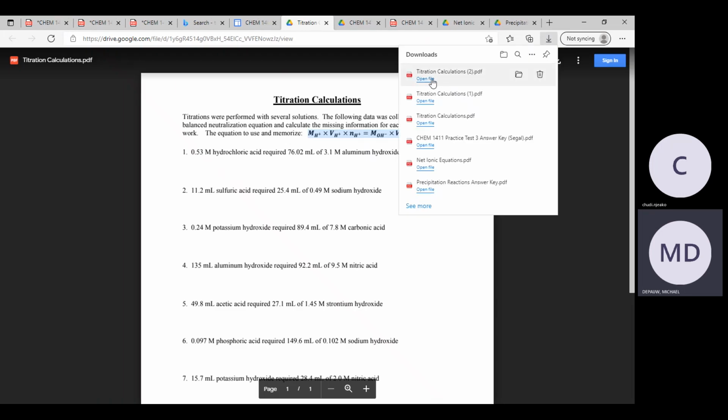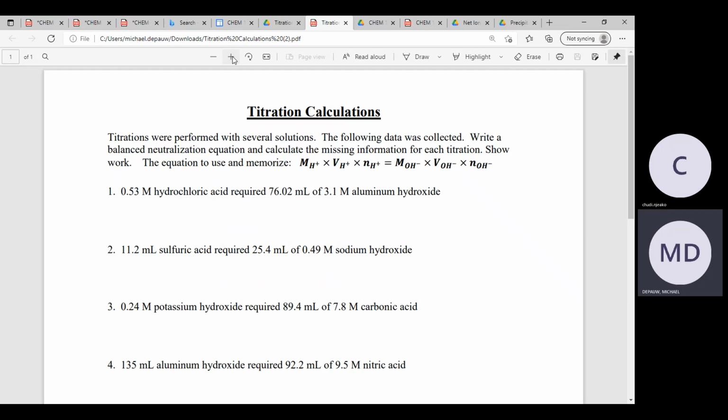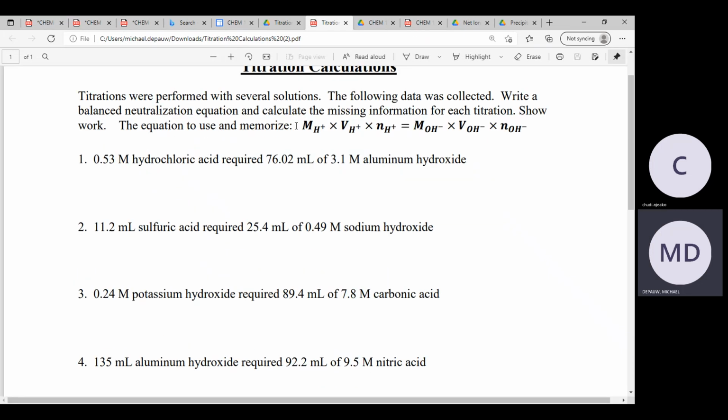So let me download this real quick. Open file. All right. Zoom in. So I'll work an example for you real quick. In this case, it said 0.53 molarity of hydrochloric acid required 76.02 milliliters of 3.1 molar aluminum hydroxide.